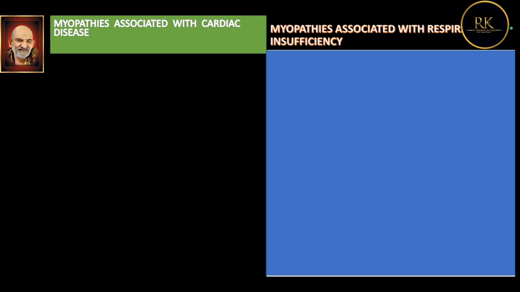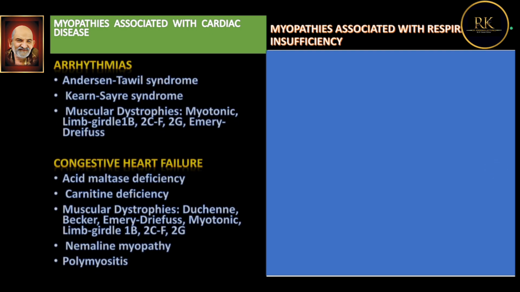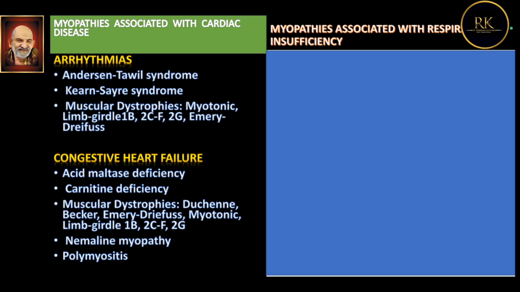Now, we should look for the cardiac diseases which can be associated with myopathies. If the myopathies are associated with arrhythmia, the causes include Andersen-Tawil syndrome, Kearns-Sayre syndrome, muscular dystrophy with myotonia, limb girdle 1B, 2C, 2F, 2G and Emery-Dreifuss.